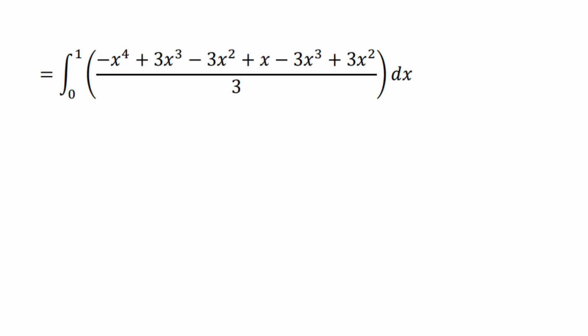So here, we also need to find the LCD. As you can see, our LCD is 3. Positive 3x cubed minus 3x cubed is equal to 0, and negative 3x squared plus 3x squared is also 0. Therefore, we only have negative x raised to 4 plus x all over 3.